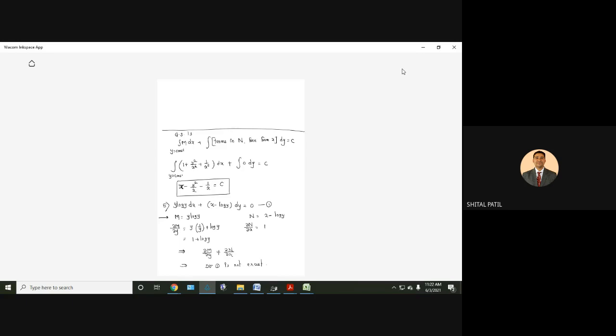Not exact. Let me go to the next page. So conclusion is the given differential equation is not exact.